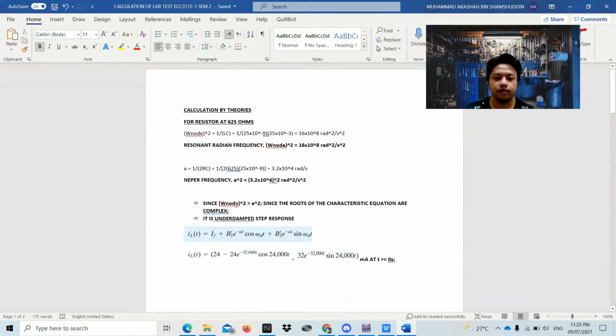When I find that the resonant radian frequency is greater than the Neper frequency, that means the roots of the characteristic equation are complex. Thus, it is an underdamped step response. So we are going to use this formula here by theory to plot our graph later.